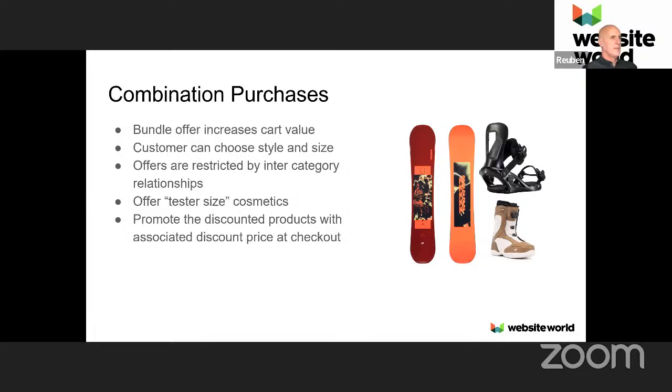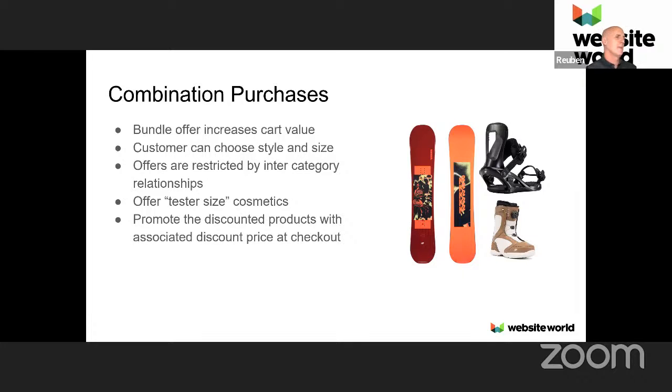Combination purchases is another way. So it's quite common with snowboards. You get the snowboard, you get the bindings and the boots. There's a range of different products you can get, different styles, different colors, different lengths. And so there's a little bit of work about putting these packages together.